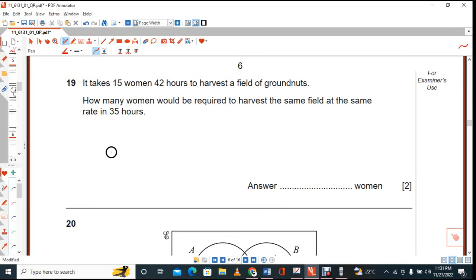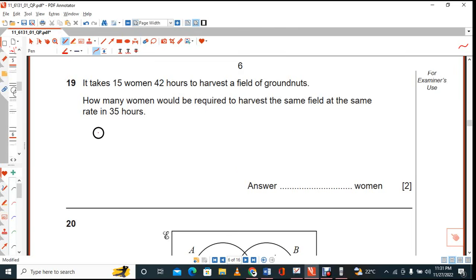When you decrease one variable, the other one increases, and that is exactly this scenario. Since we are decreasing the time, the women should be more, because you need more women to harvest the field at the same rate.